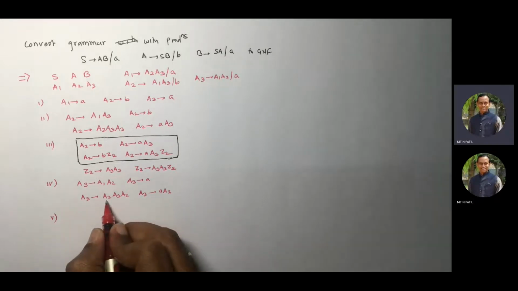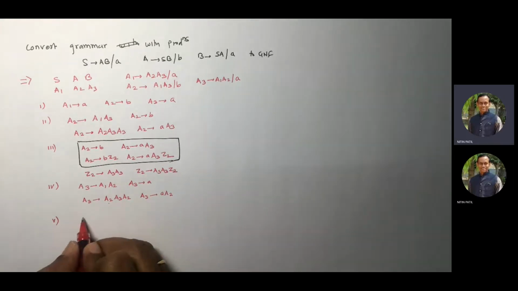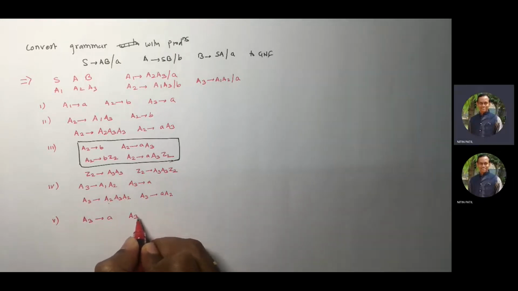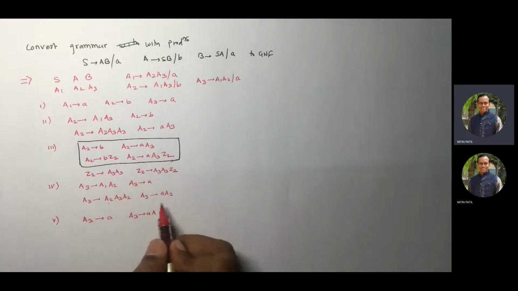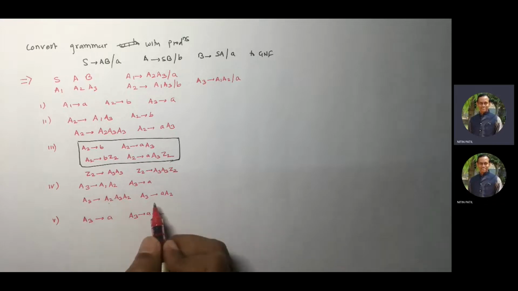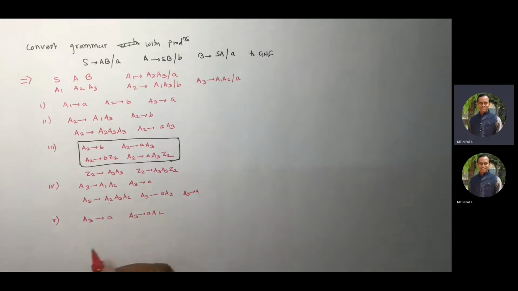So fifth. Now you have all A2 productions in the required form. Sorry, they are in GNF, so you can directly write them. So A3 gives A2. Now let us pick this production. These would be the two productions written and this is the remaining. So we are replacing this A1 by this. This results in these two productions and A3 gives A. So I'm picking these two. They are in the required form. Now you have to write A2 values. A2 values are first B, A3, A2.